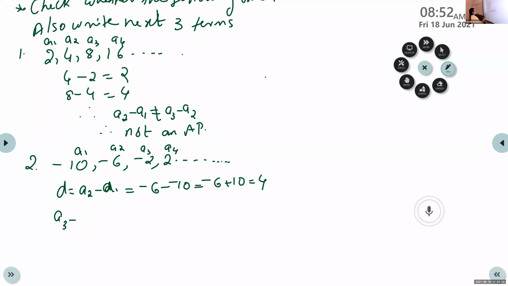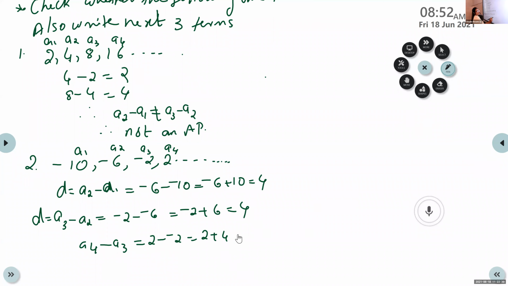Now A3 minus A2 is minus 2 minus minus 6, which is minus 2 plus 6, again 4. One more we can check: A4 minus A3 is 2 minus minus 2, 2 plus 2, 4. All are 4. Therefore, the given numbers are in AP.